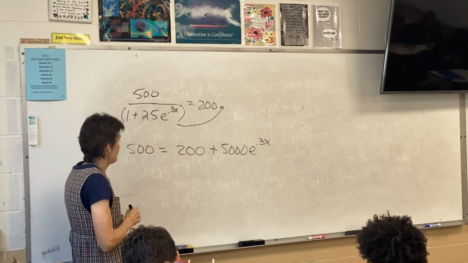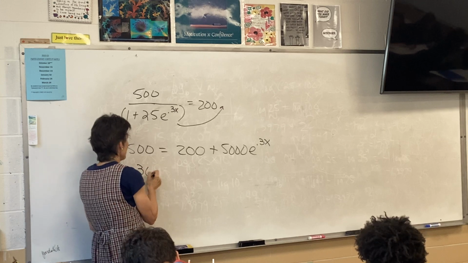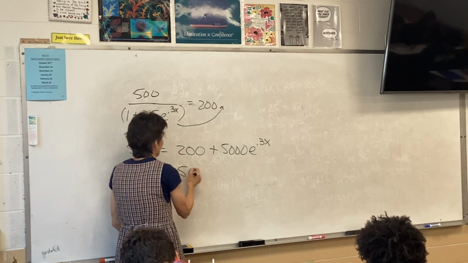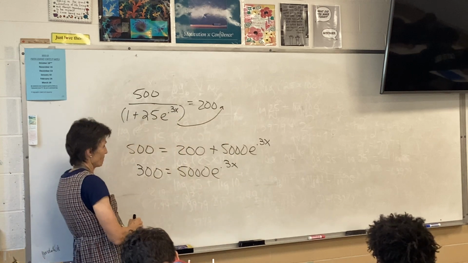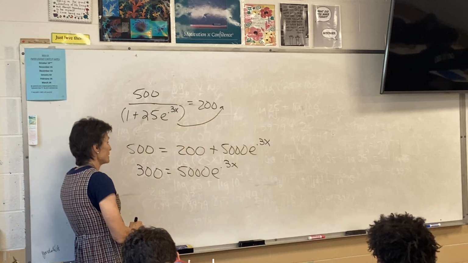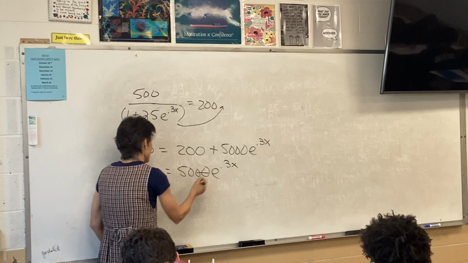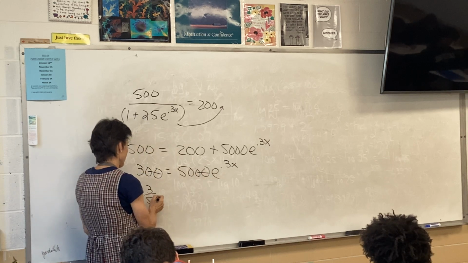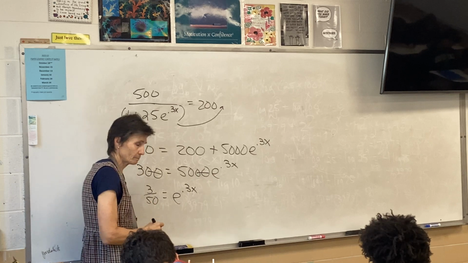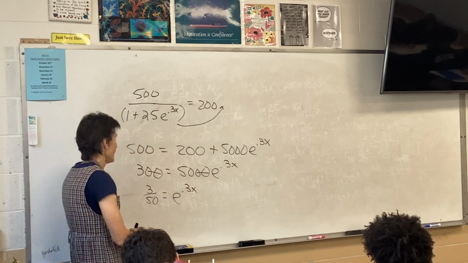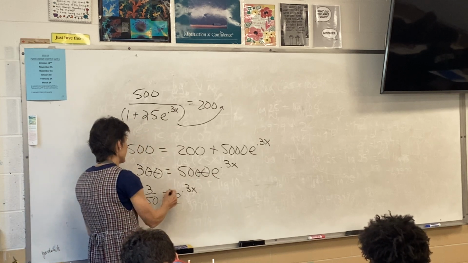Now what? Minus 200. Okay, perfect. Now what? Divide by 5,000, so I'm going to say 3 over 50. ln both sides.